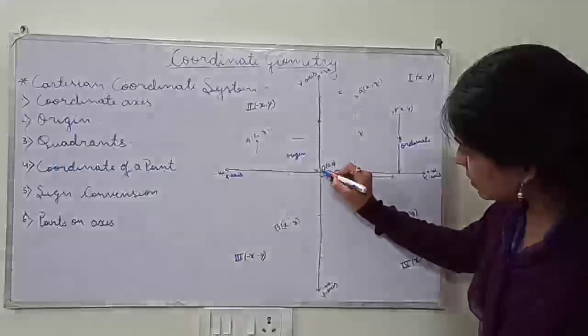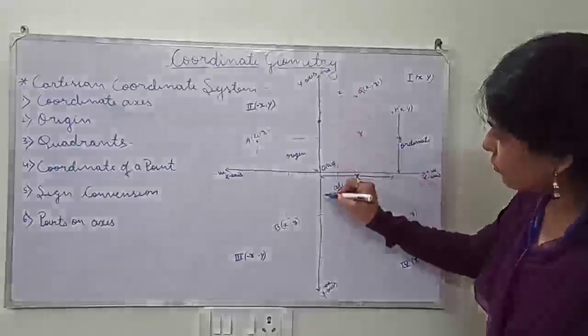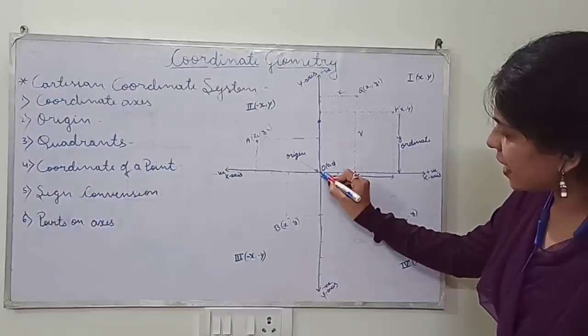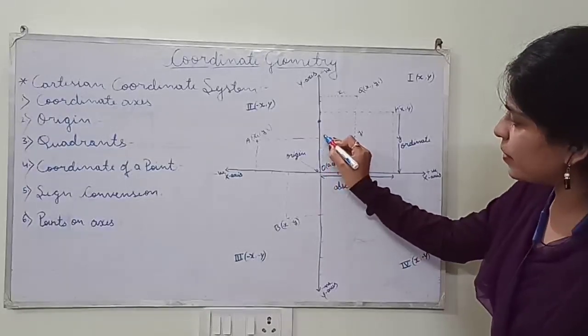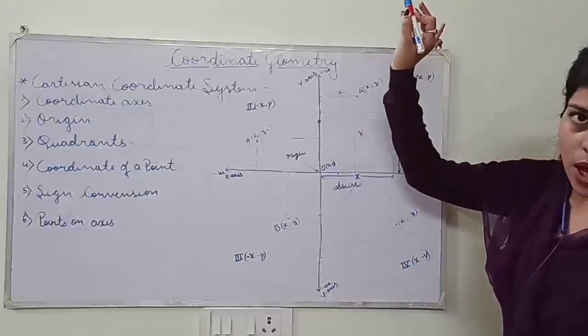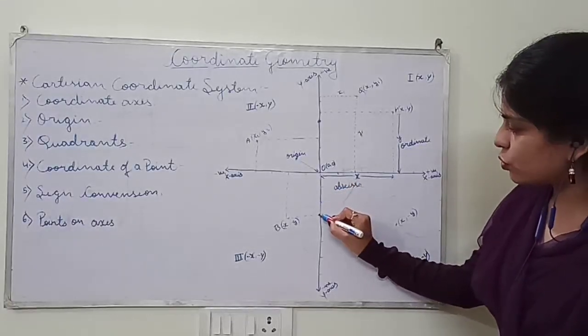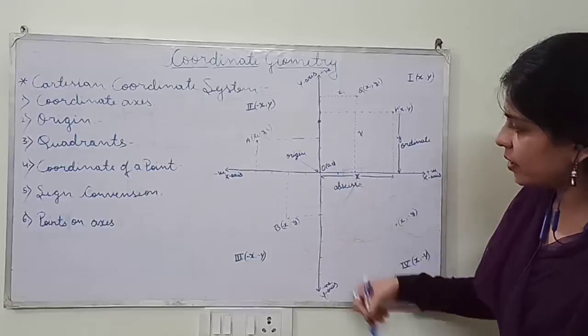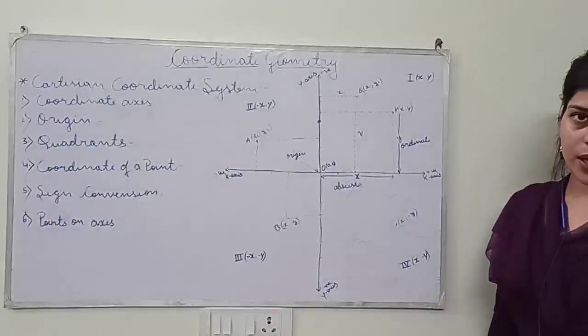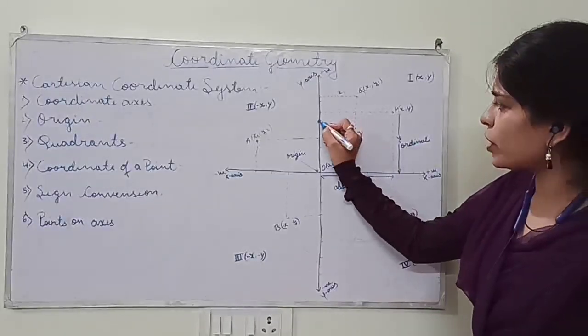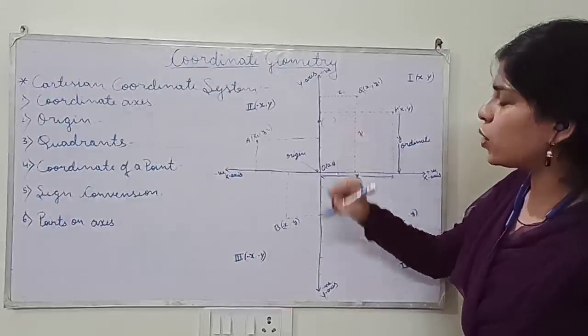On the y-axis we have different values. Here y is 0, here y will be 1, 2, 3, 4 and so on. Below the 0, here y will be -1, -2, -3, -4, -5 and so on.